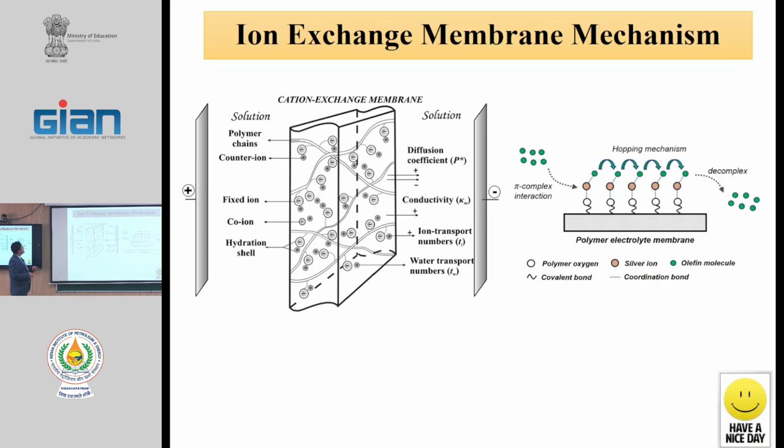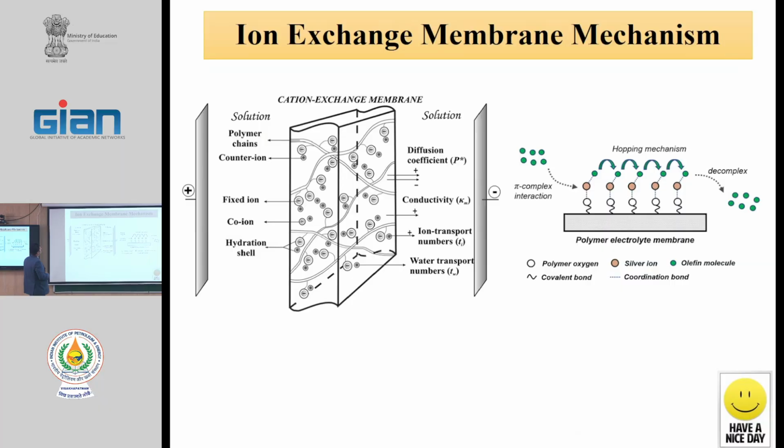And for example, in this slide, for passing of the positive ions, we need negative functional groups on the membrane structure.